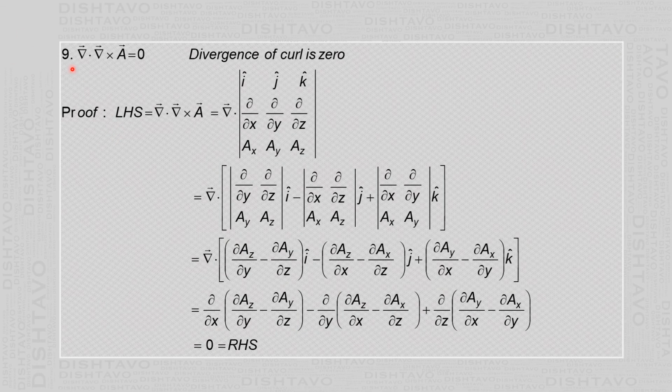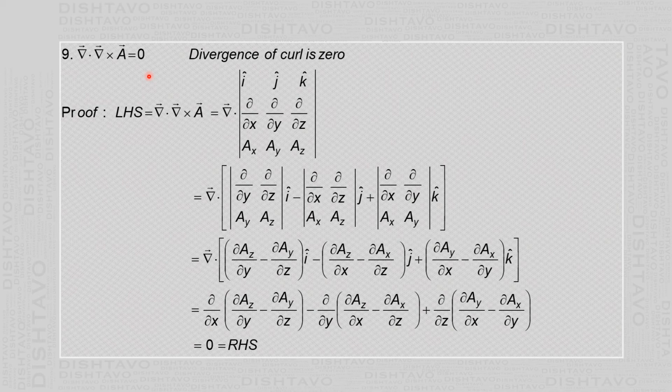The ninth identity is del dot del cross A equal to 0. Now del dot means divergence and del cross is a curl. So therefore, the divergence of the curl of a vector function is 0.